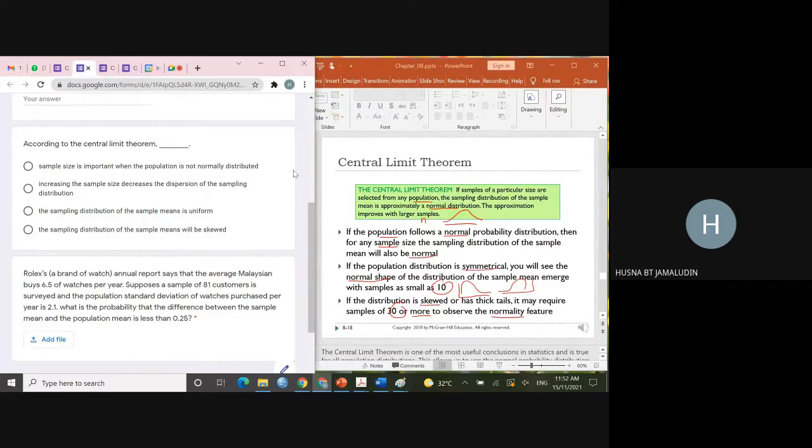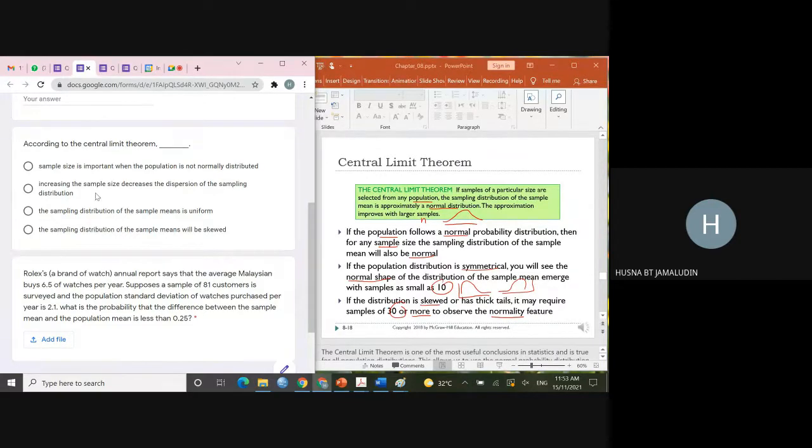Can you see which one is explaining that? Number 1. Number 2. Okay, so increasing the sample size, as I mentioned to you, the estimation will be better, will improve with larger sample.